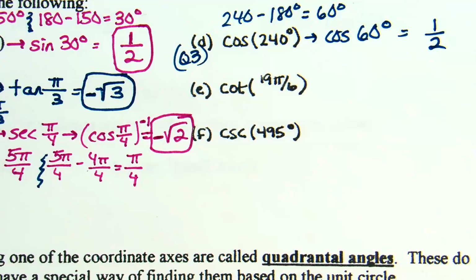What do we know in quadrant 3? It's going to be negative. All students take: T stands for tangent. So tangent is positive, your others are negative. And so this is a negative 1/2.